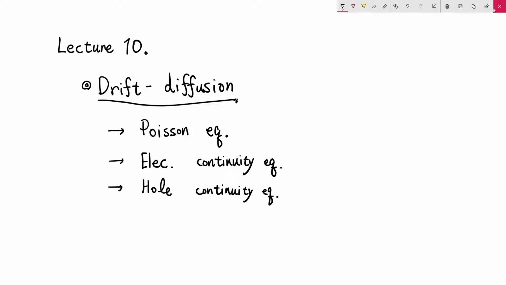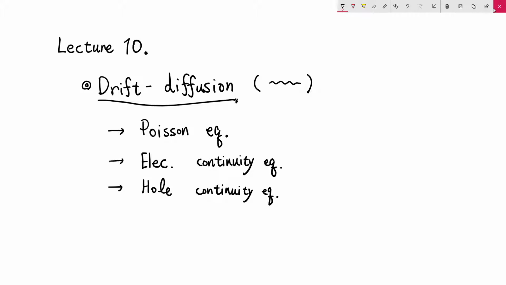By collecting them all, we can find a closed set of equations, and that is typically called the drift diffusion model, drift diffusion equation, drift diffusion scheme, whatever. There are many different names for specifying this system, but anyway, we call it drift diffusion.